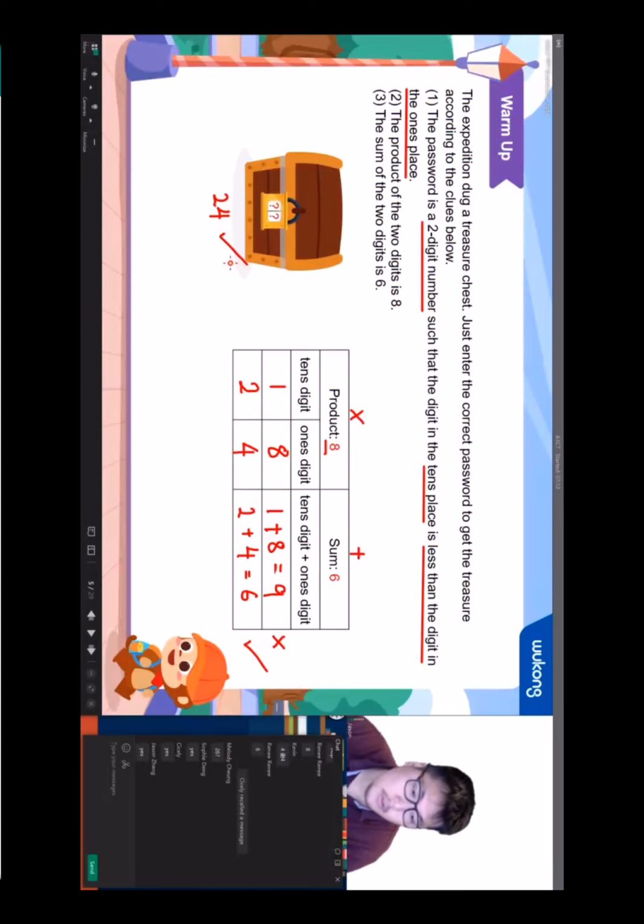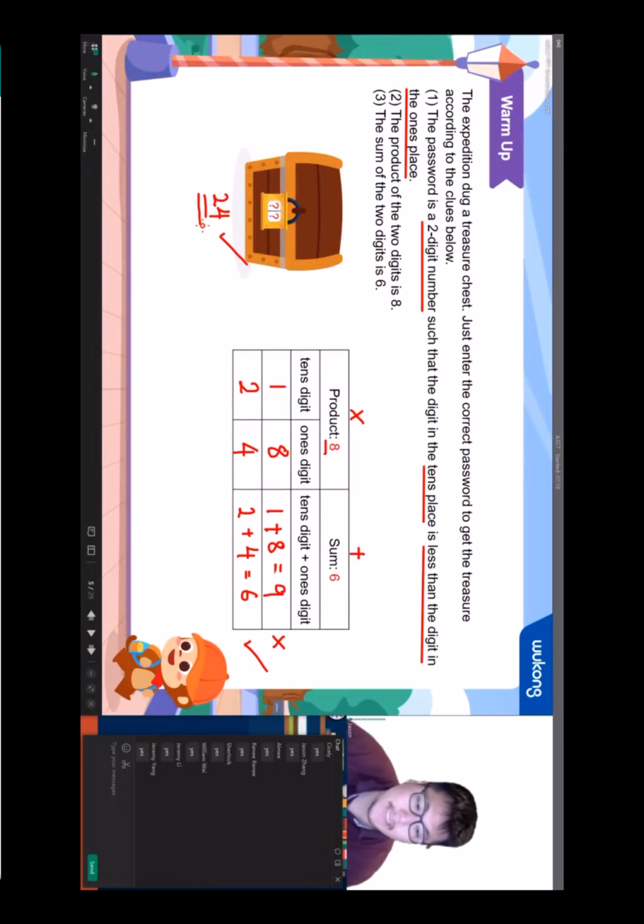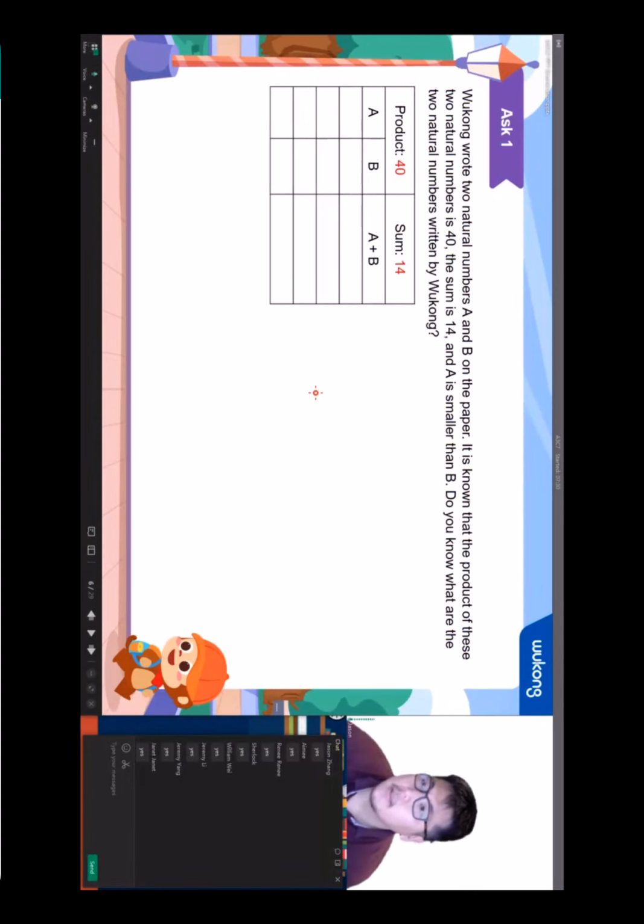Yes, it works. So 24 is the answer, guys. Okay, so you need to look for clues and make sure you have a list. You start with something easy and then you check with everything else. Okay? Alright, so now, what about this one, guys?